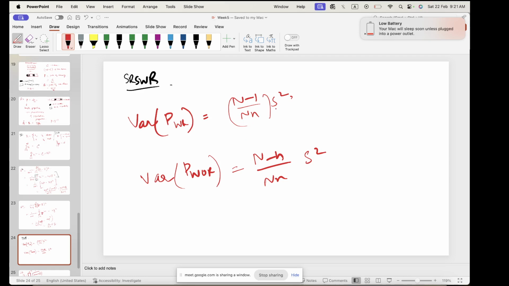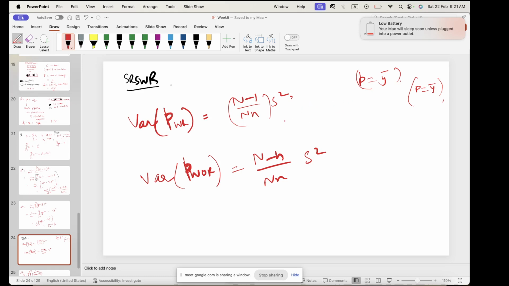Okay, and this quantity, I should not write capital P, so it would be variance of small p, because small p is here my y bar. Okay, and capital P is capital Y bar.